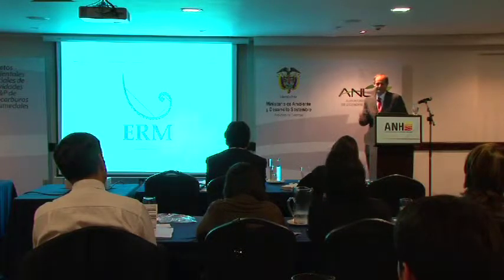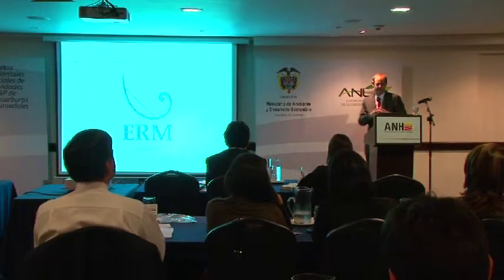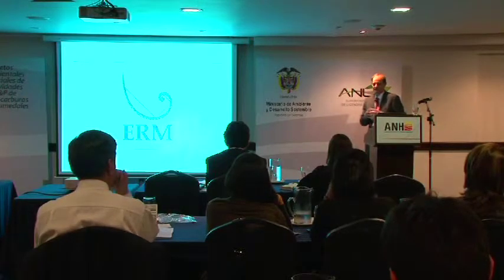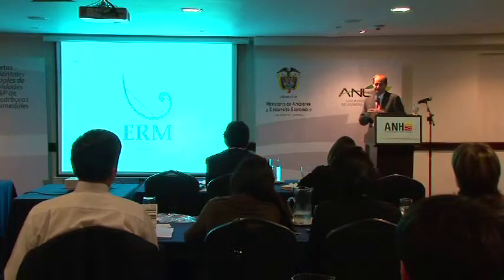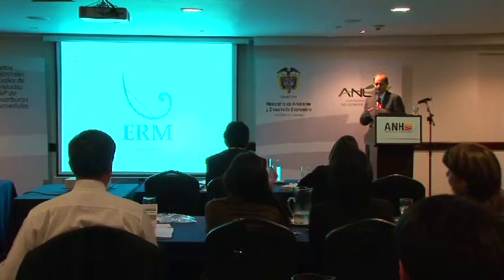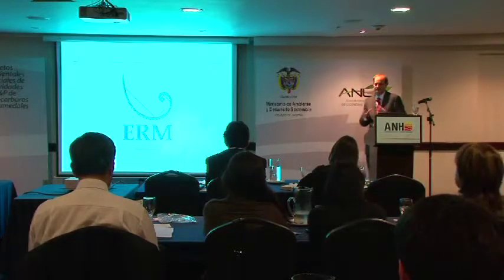But it depends on the jurisdiction that's regulating it, and it depends on what the target species is. Because if I'm trying to protect plankton, my value is going to be much less than if I'm trying to protect adult fishes. So it really depends on a day-to-day situation.